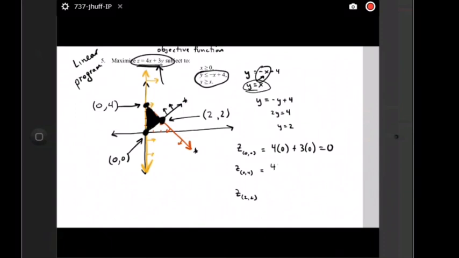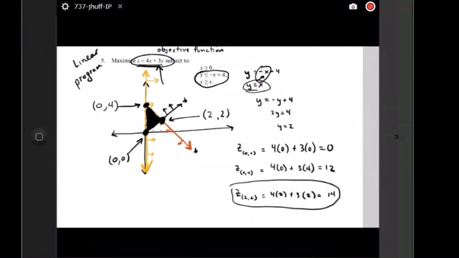For 0, 4, I get 4 times 0 plus 3 times 4, which is 12. And let's see, for 2, 2, I'm going to get 4 times 2 plus 3 times 2. That's 8 plus 6. So that right there is the maximum value. 2, 2 maximizes the objective function z.